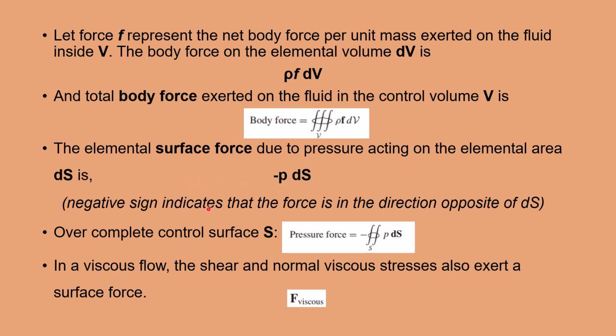The negative sign indicates that the force is acting in the opposite direction of the surface normal vector dS. Finally, over the complete control surface, pressure force equal to minus surface integral p dS. In a viscous flow, the shear and normal viscous stresses also exert a surface force. We denote that as F viscous.